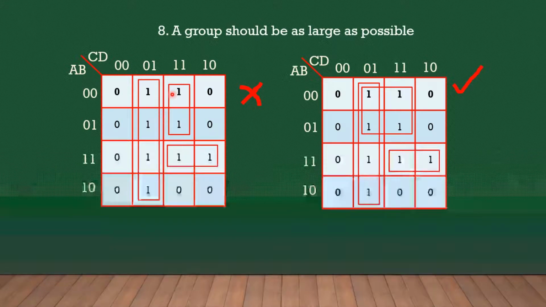It's no problem. They are adjacent here. So that's why this is correct. Okay, but this is not. So this is the reason why we don't accept this. Karnaugh doesn't accept this. So we have to make a grouping as large as possible, if it is possible.